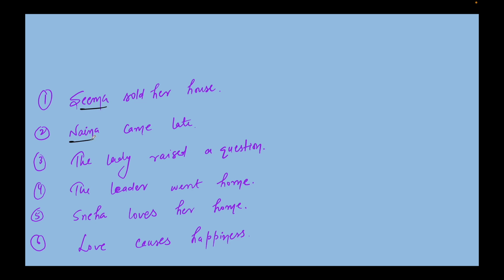This is also a name of a person, no problem. But what about this lady? It is not a name of a person. And what about leader? It is also not a name of a person. And what about this? It is also not a name of a person.